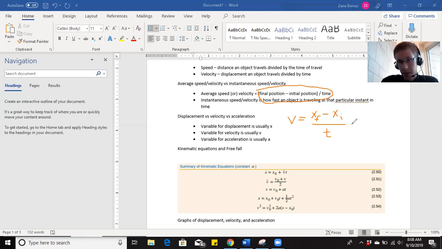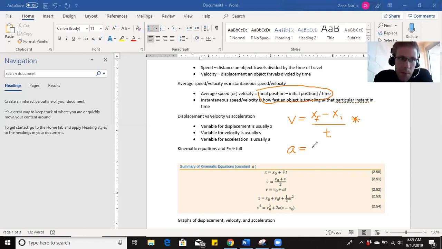So that's an equation you need to know. Put a star next to it. This is for average velocity, x sub f minus x sub i over t. If I wanted to figure out what acceleration was, it's going to be a very similar equation. Now, before you get into the equation, think about what you know about acceleration.